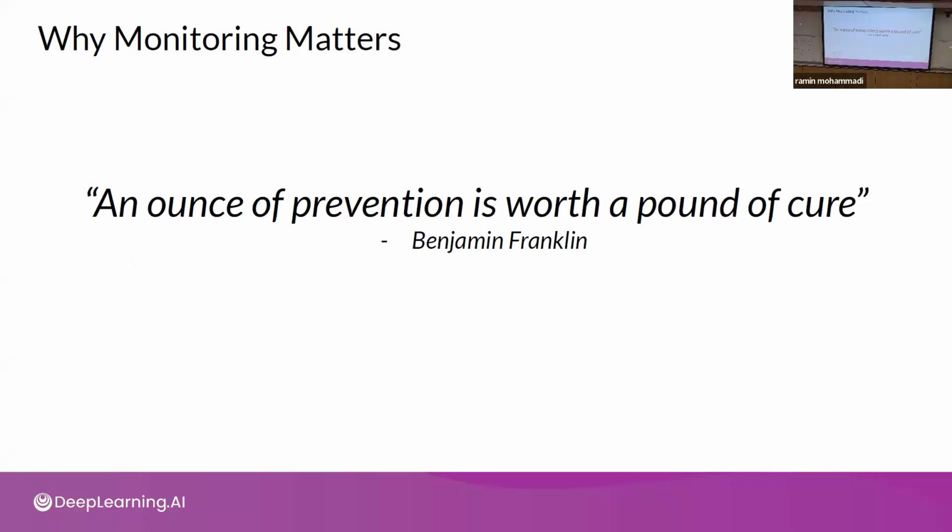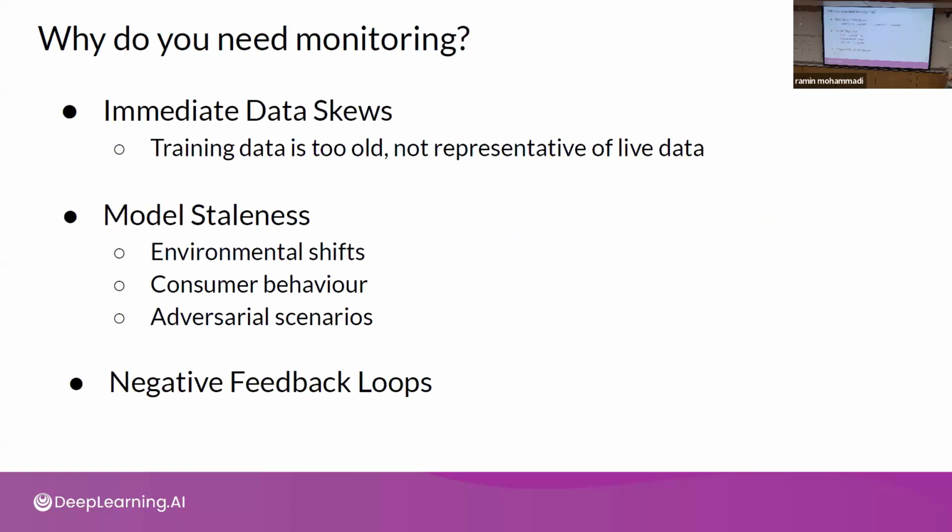You know, an ounce of prevention is worth a pound of cure. Always keep in mind that it's better to know if something is going to break down versus after it breaks down. Think about manufacturing, for example. One of the really common uses of machine learning and predictive modeling is in manufacturing, especially in the production line.